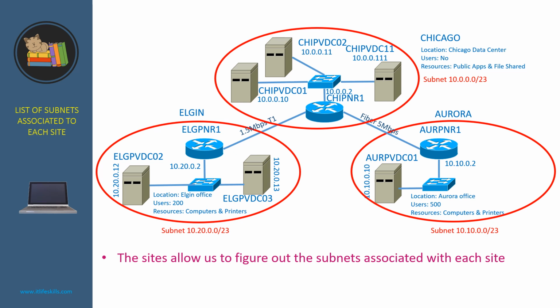As Chicago is a data center, it is hosting the VPN clients, so Chicago is also associated with the subnet 10.172.0.0/20.